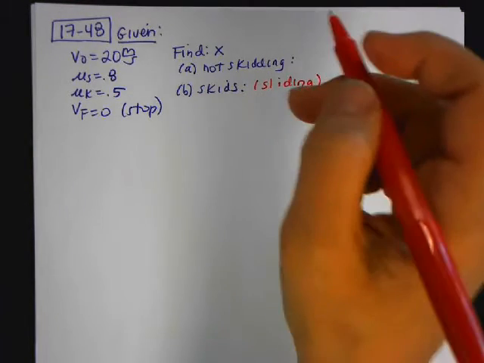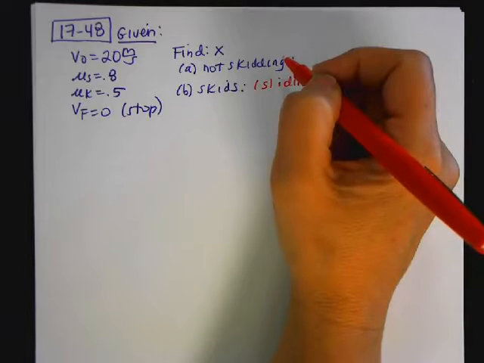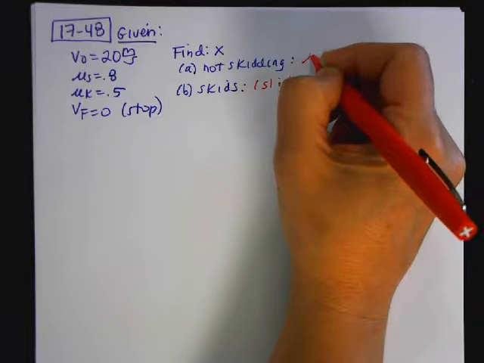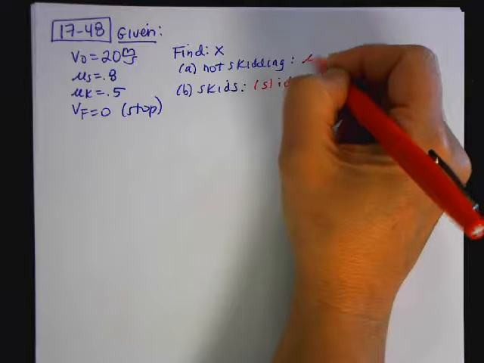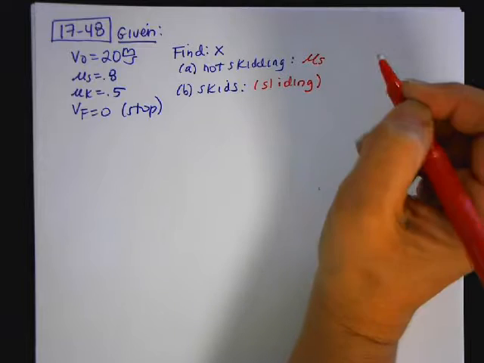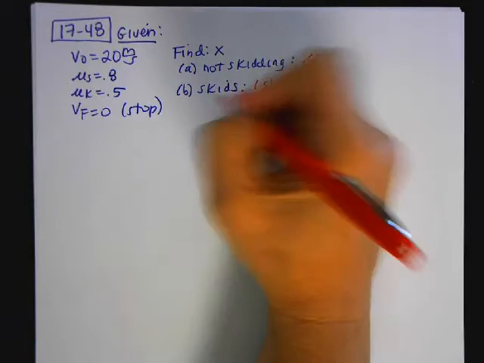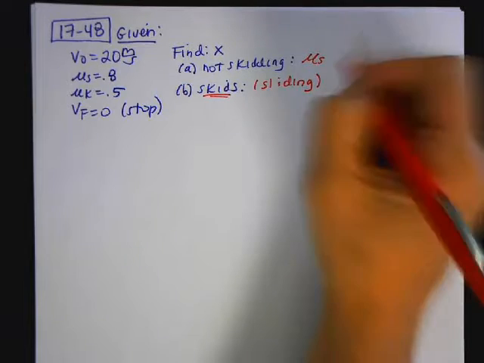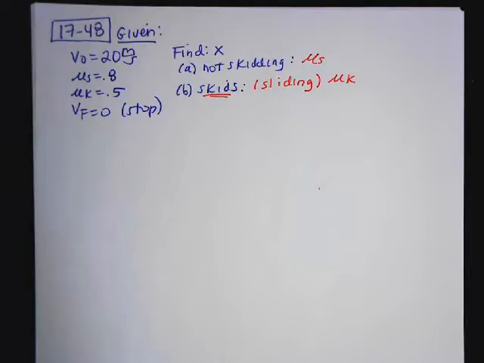So normal stopping involves static friction, and for this one we're going to use mu sub S. When the tires skid, which would be the second case, they're sliding on the road, so that means kinetic friction. I just want to establish that right off, which we're going to use for A and B.